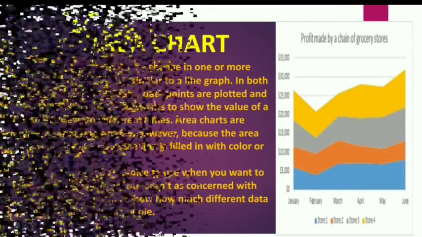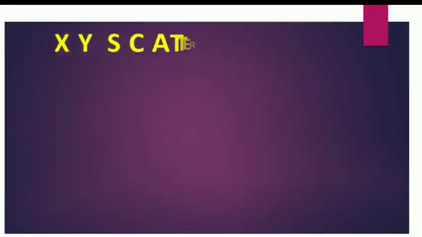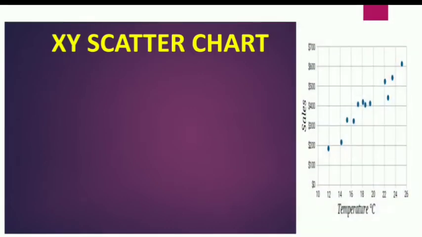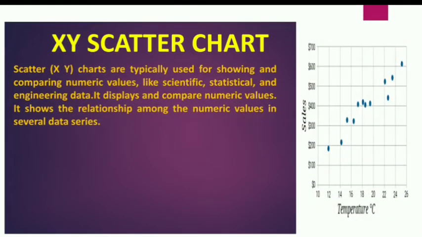Next is XY scatter chart. Now scatter means the dots you can see on the graph are not in a proper straight line. The dots are just shown here and there.